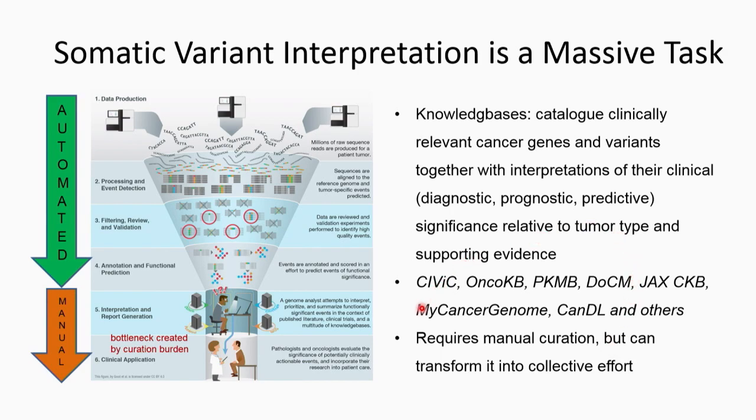Some of these knowledge bases are listed here, and although entering information into knowledge bases still requires manual curation, by generating these shared knowledge bases, we're transforming that into a collective effort, so that we are not repeating this work within our laboratories, but we are sharing this information through open knowledge bases. And so there is certainly a lot of work involved and a lot of work for everybody.